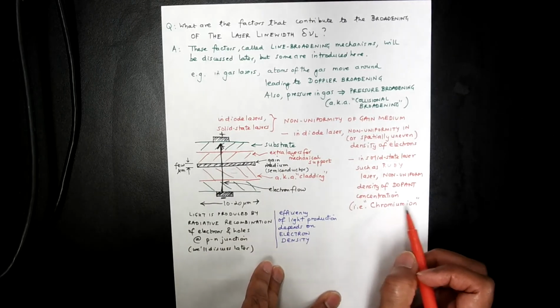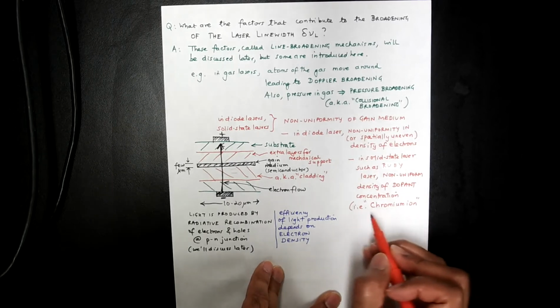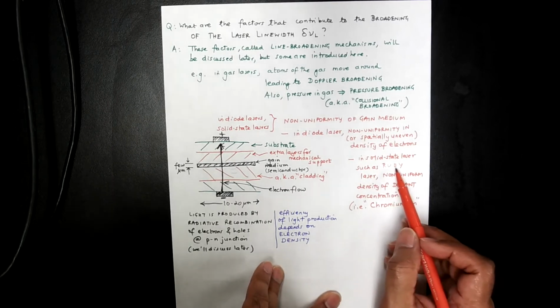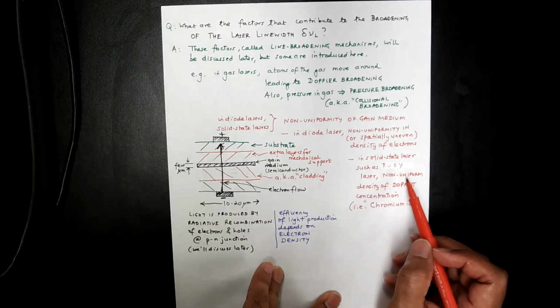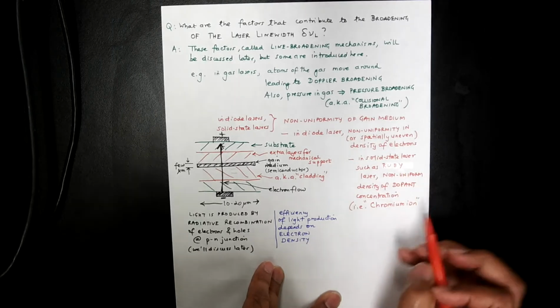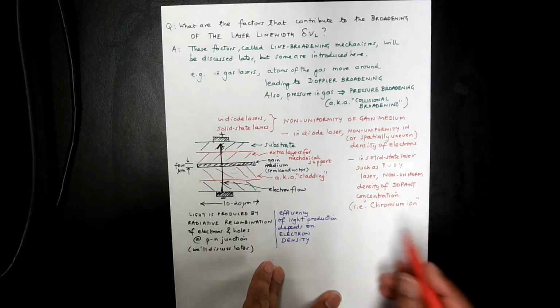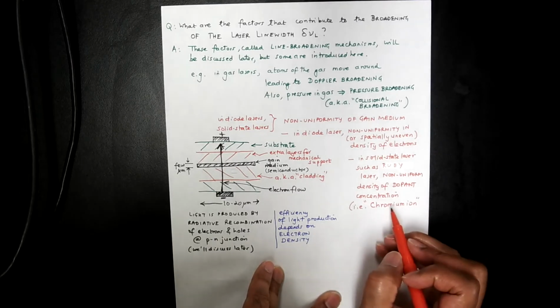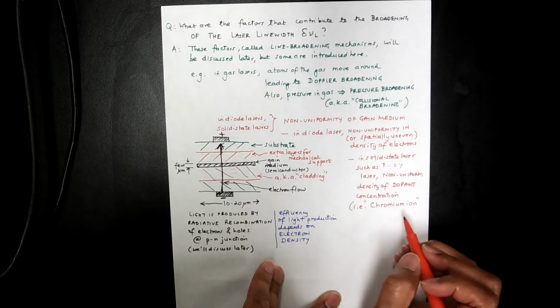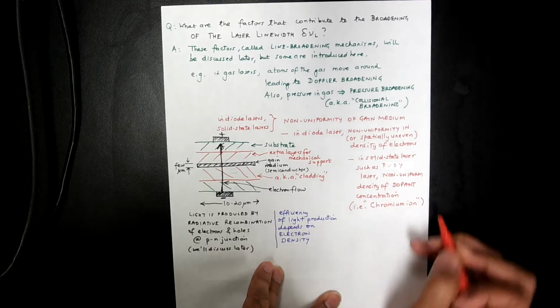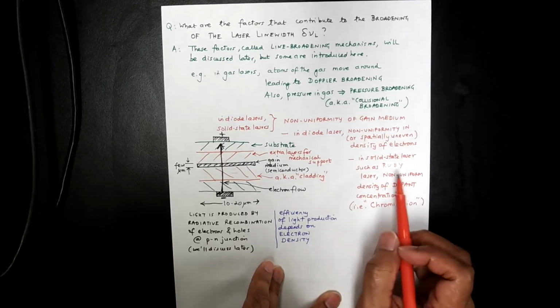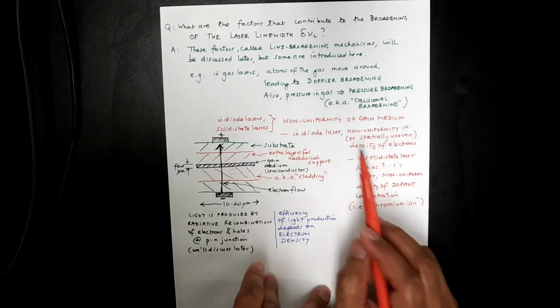Okay, so the chromium ion is distributed throughout the matrix of ruby, which is some aluminum garnet kind of thing. So it's distributed through, but it's an uneven distribution. All right, so it's not a homogeneous distribution. So non-uniform density of the dopant concentration also produces a line width to the laser.